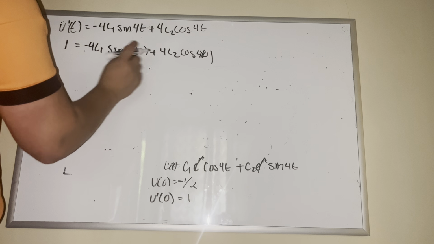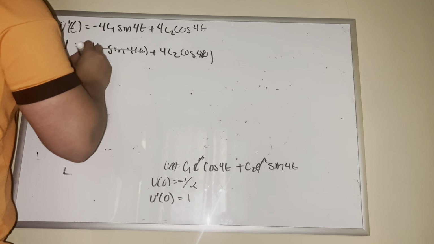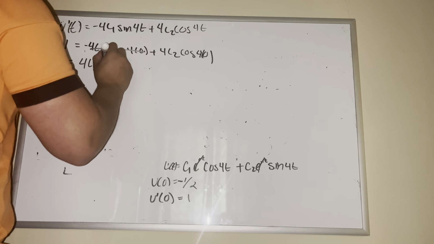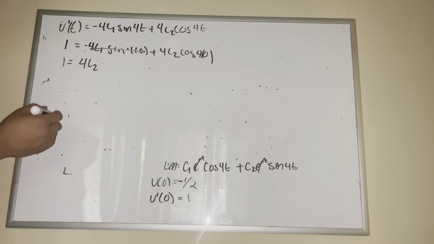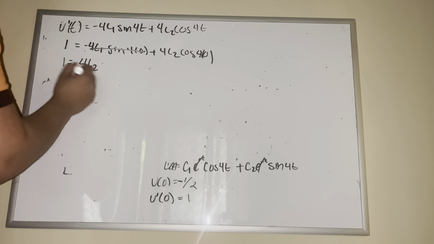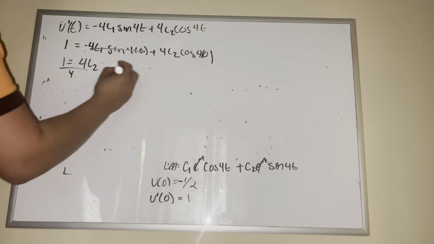This sine of 0 is just 0, and the cosine just becomes 1. We get 1 is equal to 4c2. Solving for c2, divide by 4. So c2 is equal to 1/4.